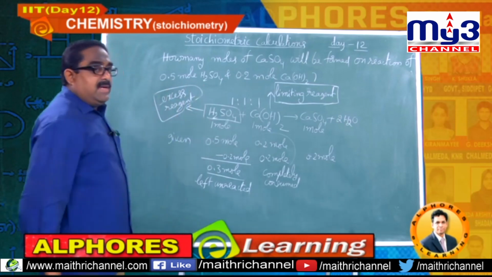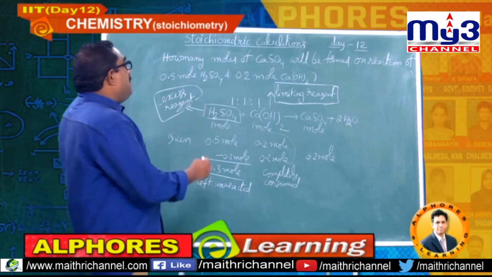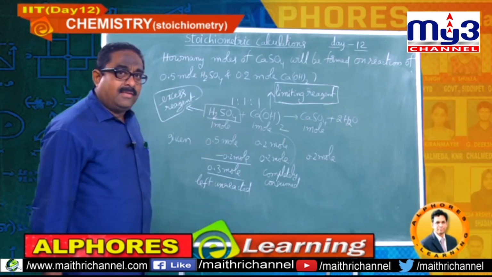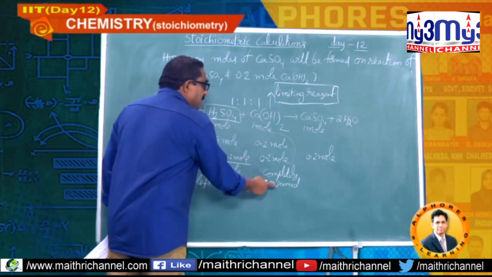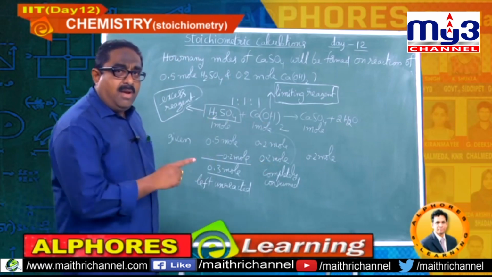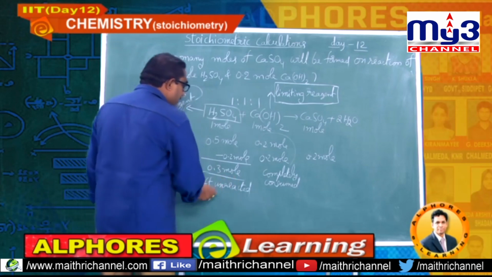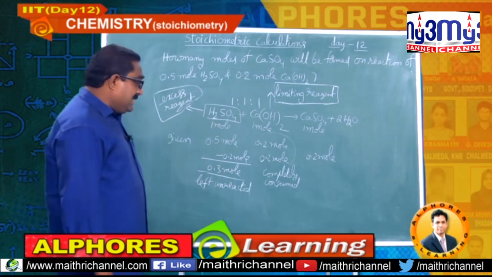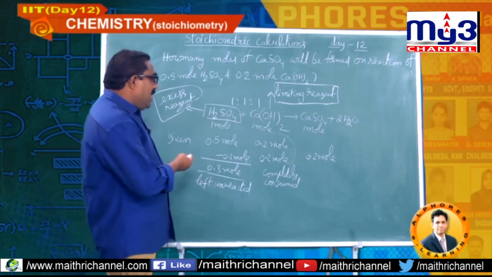Now, students, this is a very important concept we are entering. This plays a major role in solving many numericals in the coming days. The reactant which is completely consumed in the reaction is called the limiting reagent, and the one left unreacted is called the excess reagent. Please note it down.